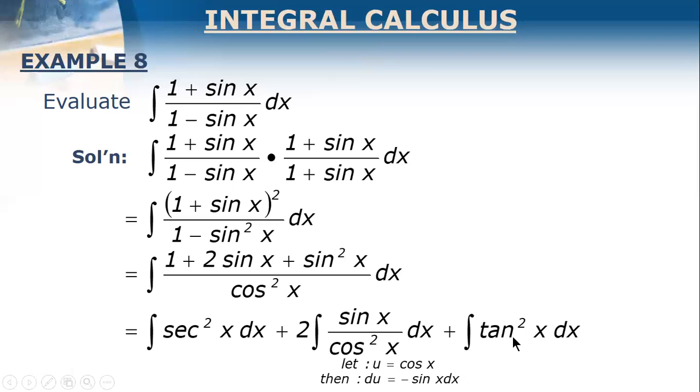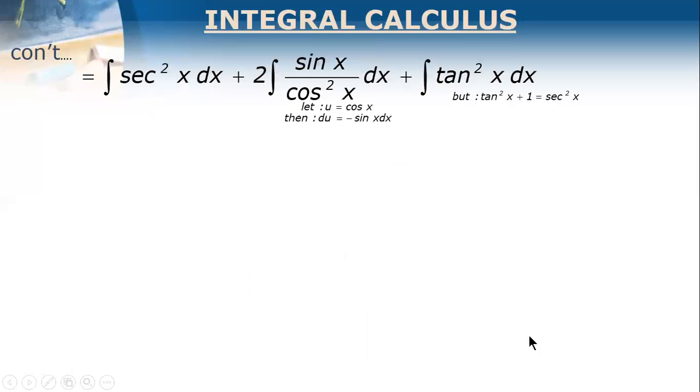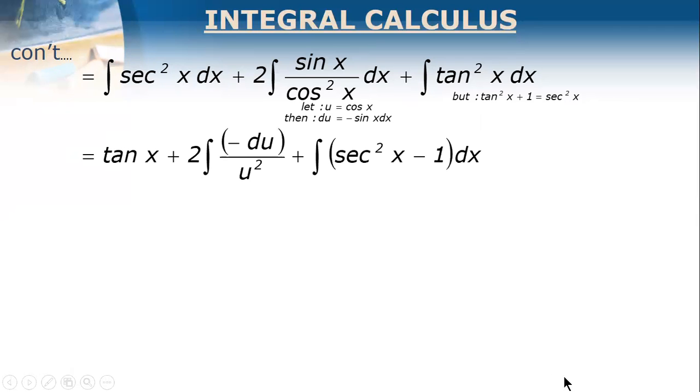While for this one, we can use the identity tangent squared x plus 1 is equal to secant squared x. Okay, so this is the result. And we are now ready to substitute this one by u. And then tangent squared is actually secant squared x minus 1. So this is the result.